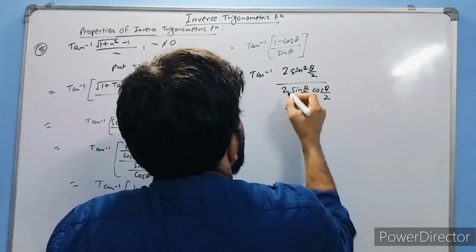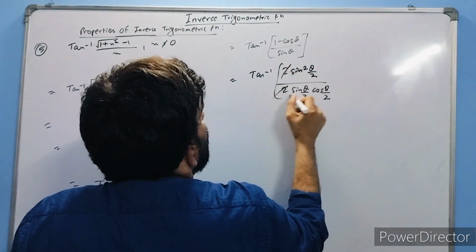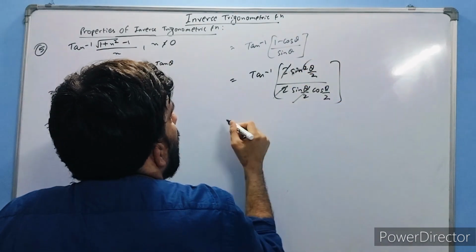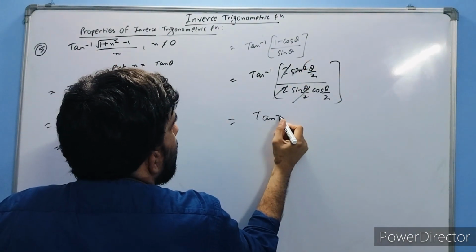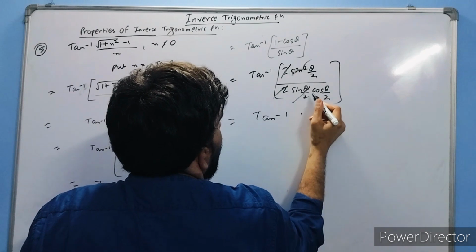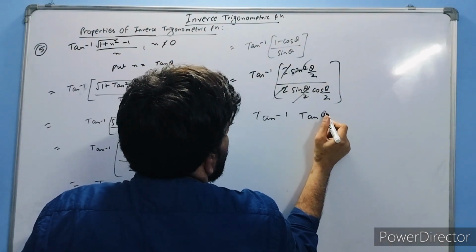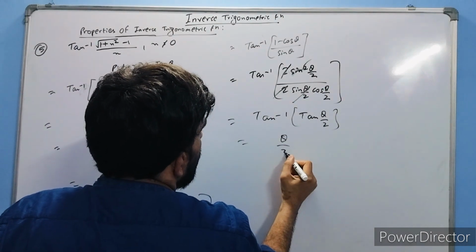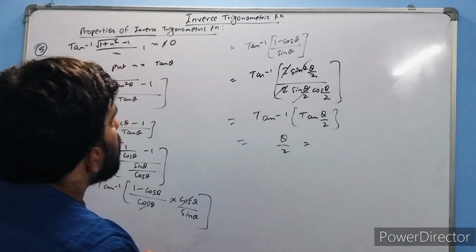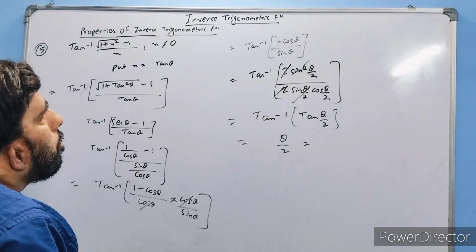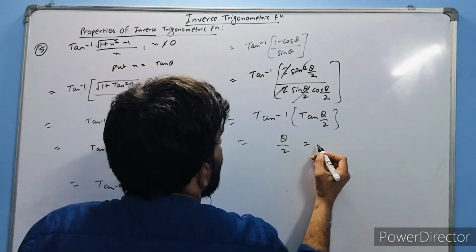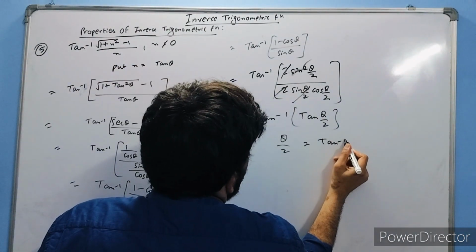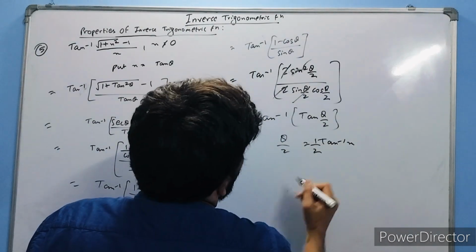We can reduce this, and I get tan inverse of sin upon cos, that is tan theta by 2. So it will be theta by 2, and since we put x is equal to tan theta, we will have theta is equal to tan inverse x, so the answer is half of tan inverse x.